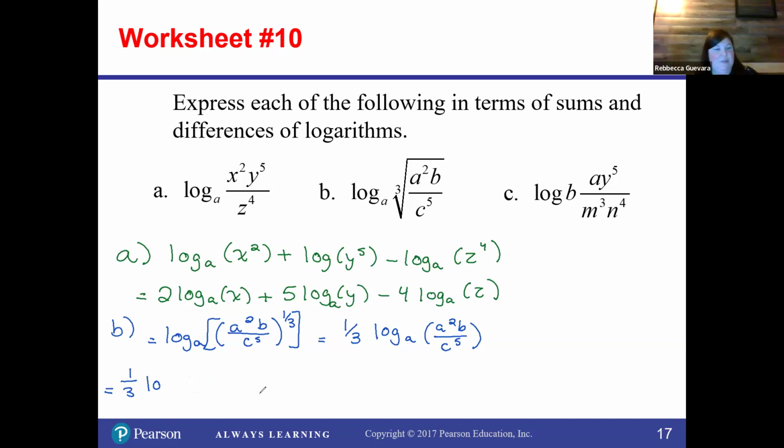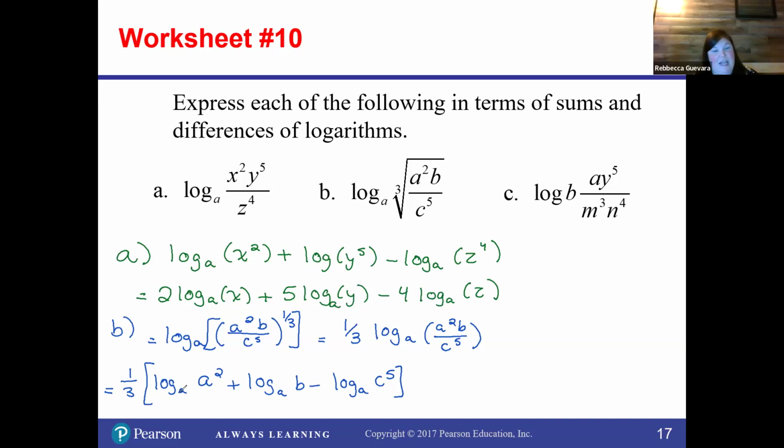Let me just go back a step and show you why. Because this 1/3 here, it's this log we're breaking up, so it's going to be log base a of a squared plus log base a of b minus log base a of c to the 5th.